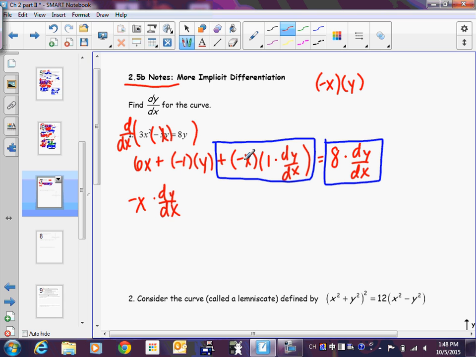You could definitely keep the parentheses and the 1. It's just not necessary. The 8, I'm going to subtract to the other side, so minus 8 dy over dx. Okay, this 6x, I don't want that, so I'm moving it over to the right, so minus 6x. And then this is a minus y, so when I put it on the other side, it becomes plus y.